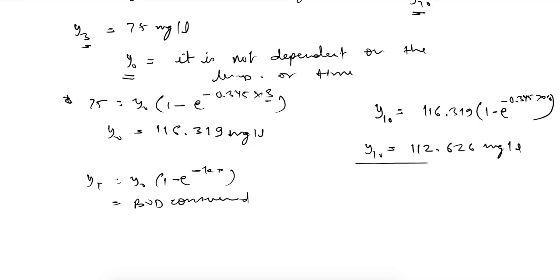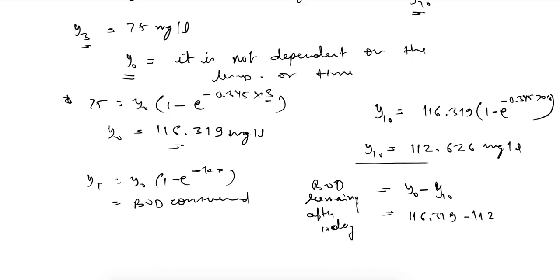So the BOD remaining would be y naught minus y10, after 10 days. That is equal to 116.319 minus 112.626, which is equal to 3.693 milligrams per liter.